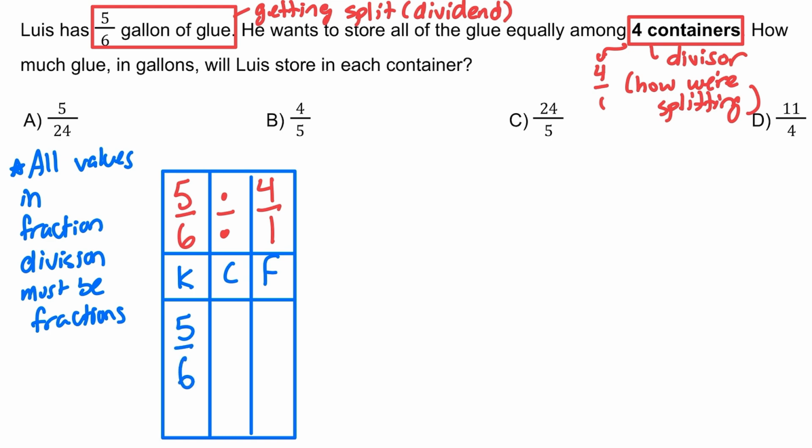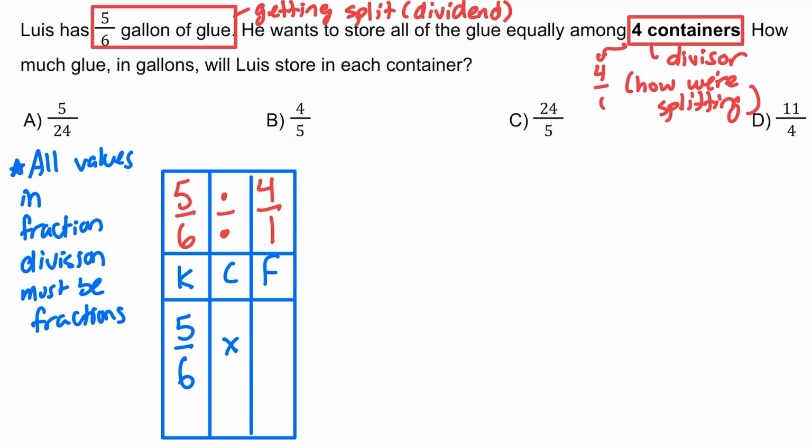Okay? And then the C for change is telling us this division must change to its opposite, which is multiplication. And then the F stands for flip. So whatever this fraction is, we're going to flip it so the top number becomes the bottom, and the bottom number becomes the top.